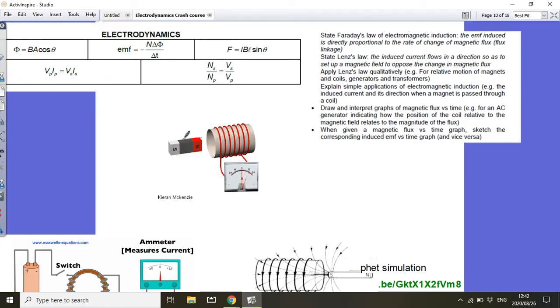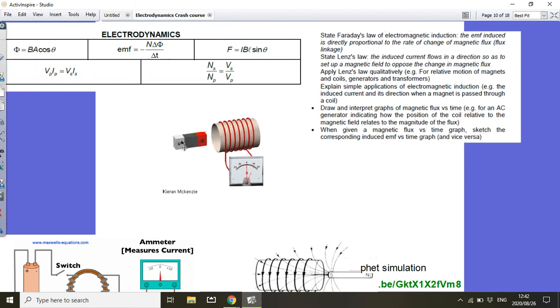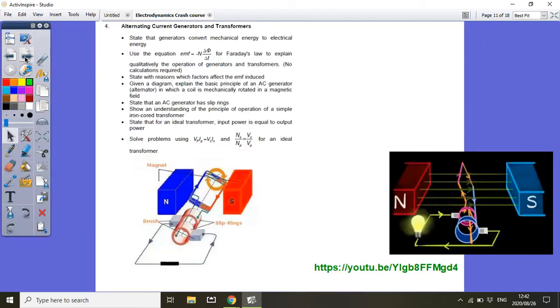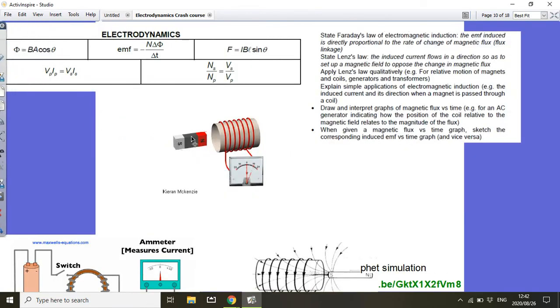If you now look at this little magnet here, if I'm moving this magnet into the coil, it means the change that now you will see, again, if you look at the law, it says set up a magnetic field to oppose the change in magnetic flux.